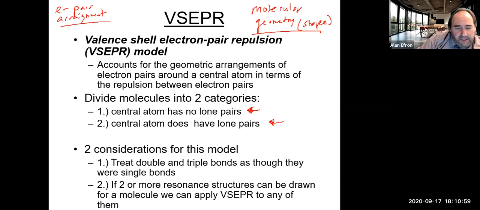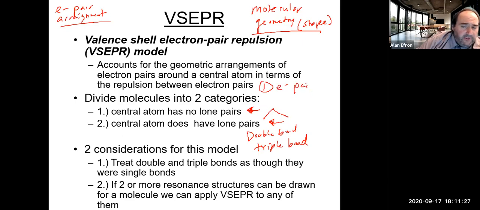Now, when we're doing geometry, and really only when we're doing geometry, there is a very important rule to follow. If you draw a double bond or a triple bond, when you see those and you're counting electrons and counting bonds, they count as one electron pair, even though it's a double bond or a triple bond, and for the sake of geometry it counts as only one bond.